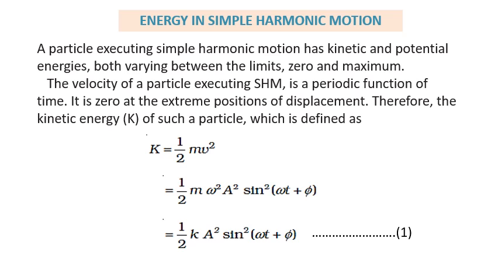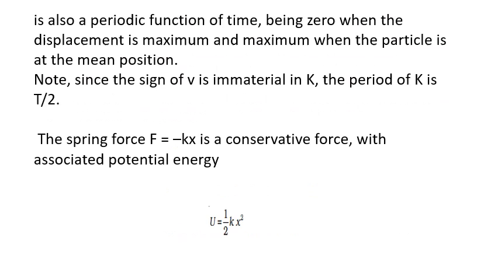By putting the value of v as omega A sin(omega t) and squaring it, and by putting the value of m omega square as k, you will get kinetic energy as half k A square sin square(omega t plus phi). It is also a periodic function of time, being zero when the displacement is maximum and maximum when the particle is at the mean position.